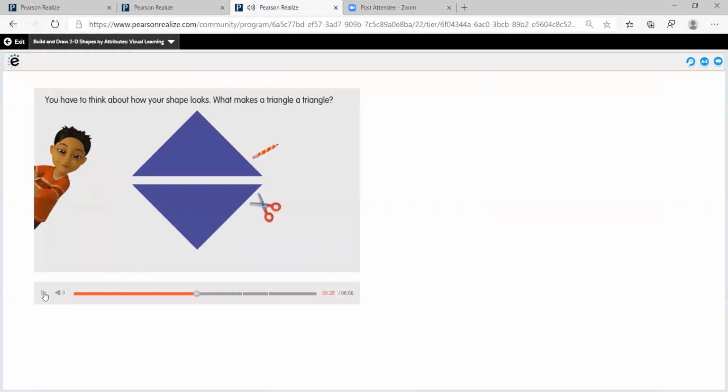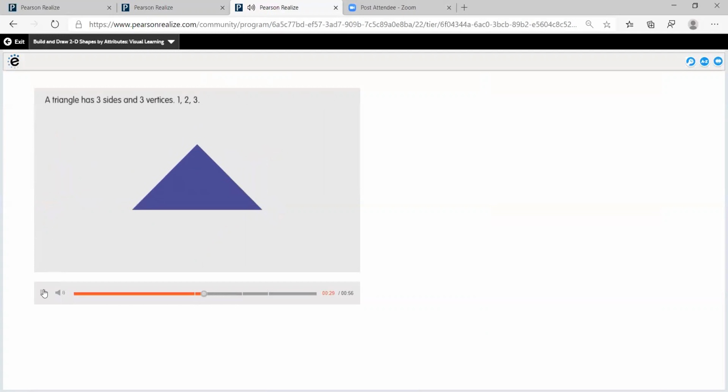You have to first think about how your shape looks. What makes a triangle a triangle? A triangle has three sides and three vertices. Is this green figure a triangle? Think your answer. Say your answer. Yes, it is a triangle.